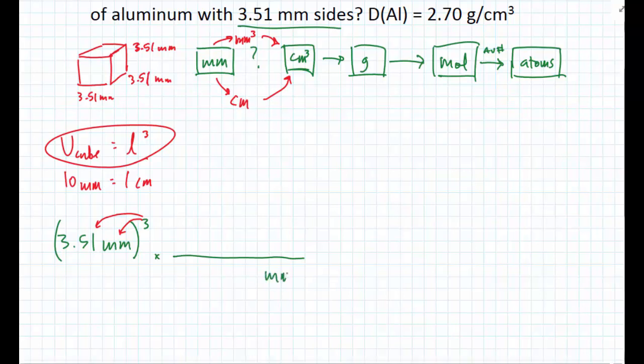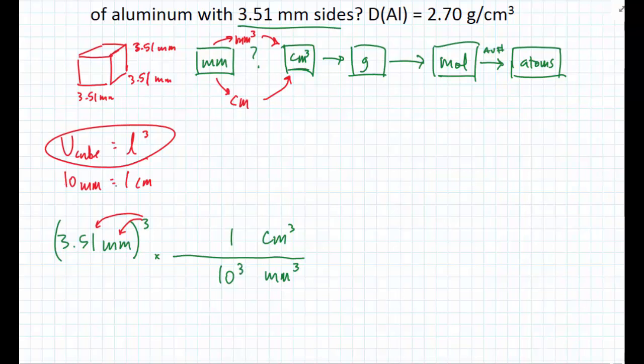Now, well, it's true, like we said up above, that 1 centimeter has 10 millimeters. Okay? It's not quite true that 1 cubic centimeter is 10 cubic millimeters. What do I actually have to do right here? Yep.